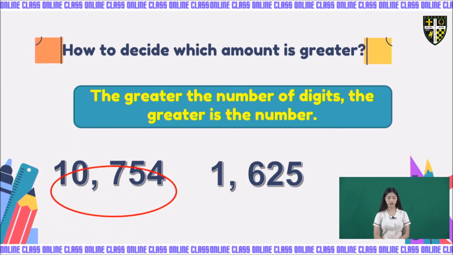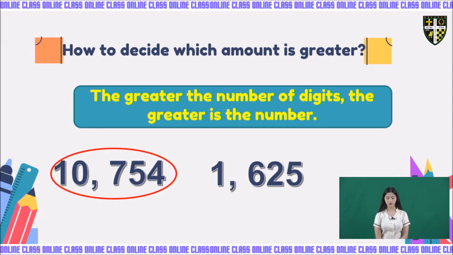So here, 10,754 is greater than 1,625 because it has more digits than the second number. And as you can see, our symbol is open toward the bigger number.